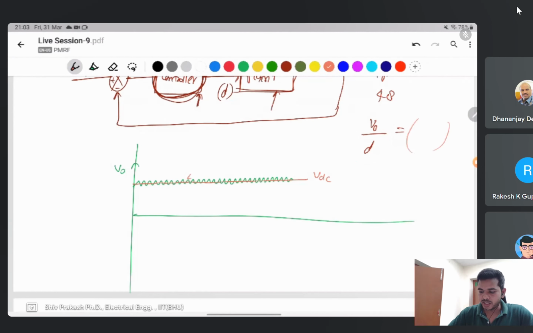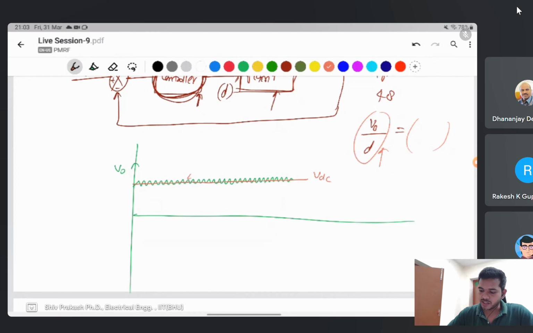If you have this transfer function, then you can make a controller like a PID controller or another controller, a compensator also, to find the gain margin and phase margin, or to set limits on the gain margin and phase margin.